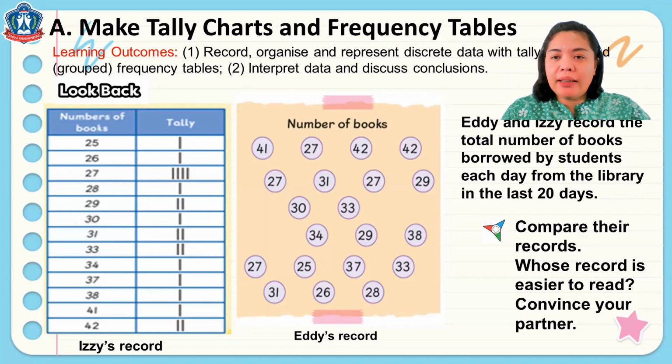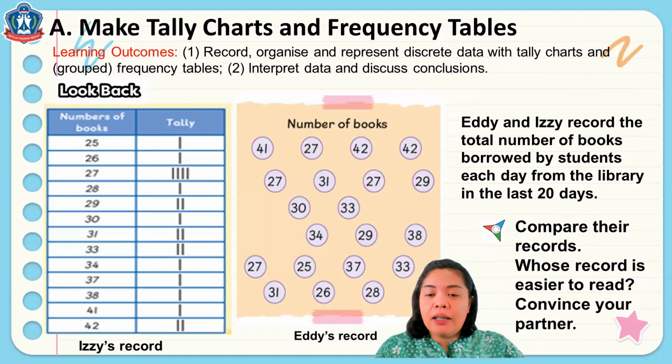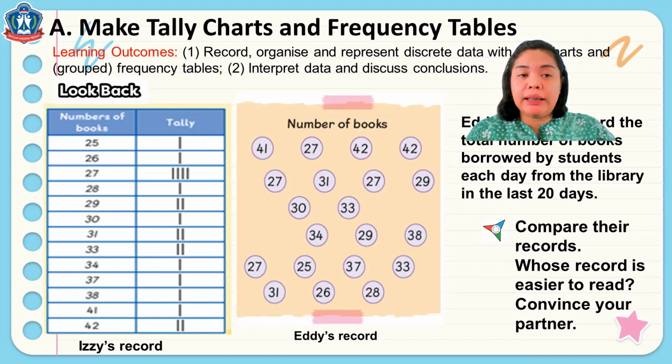Eddie and IZ record the total number of books borrowed by students each day from the library in the last 20 days. So compare the records. Compare the two of them. Whose record is easier to read? For you, which one is easier to read? Is it IZ's record or Eddie's record? So look at which one is easier.